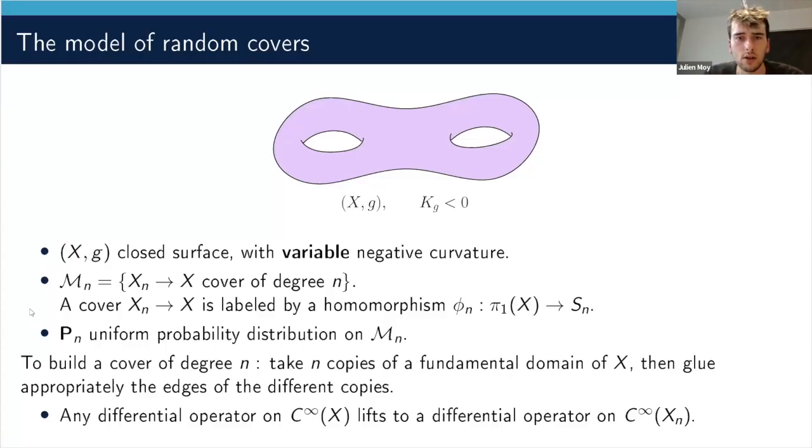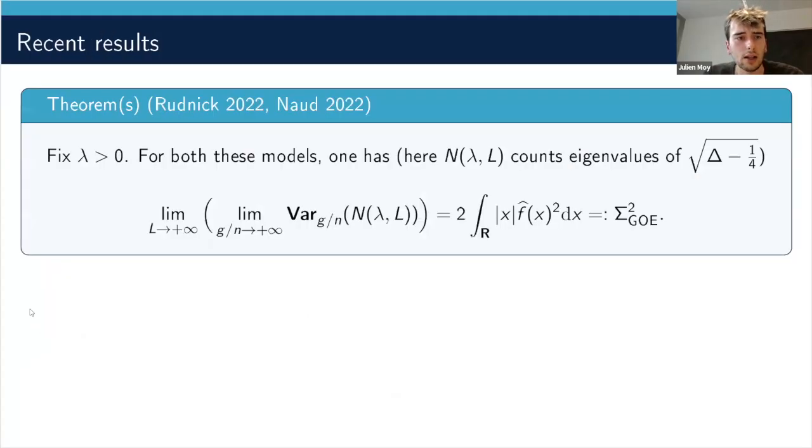Okay, so what has been done recently on the variance? There has been some work of Rudnick two years ago, maybe three. So Rudnick worked on the Weil-Petersson model, and Naud, two years ago too, worked on the model of random covers when X has constant curvature -1.